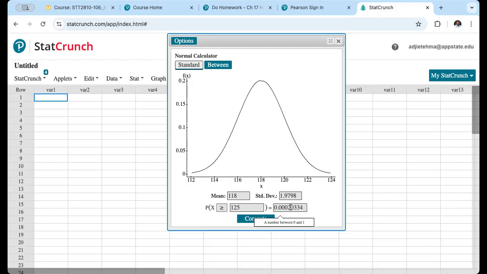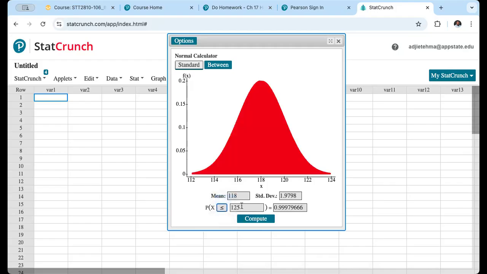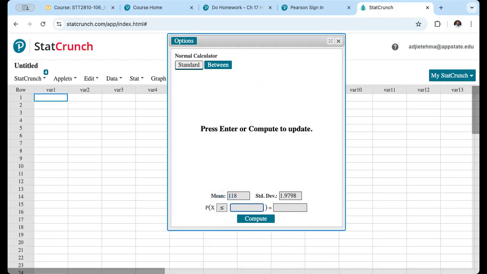Then the last problem asks, what is the fifth percentile? So to get the fifth percentile, we change this to less than here and put 0.05 here.